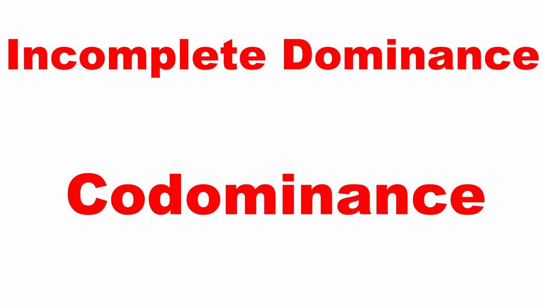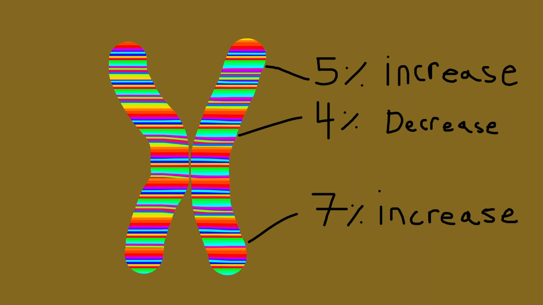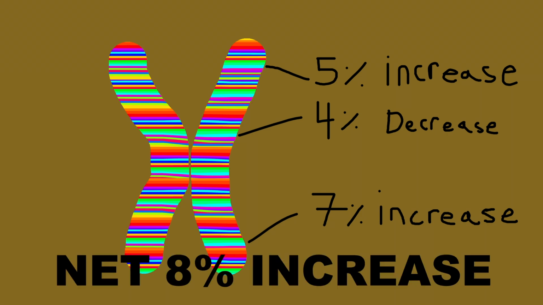Now, the final very important exception is polygenic inheritance. Polygenic traits are traits influenced by many genes at different loci. Each locus contributes a small amount to the resulting trait, pushing it in one way or the other. And those small effects add up, producing a smooth range of traits in the population.